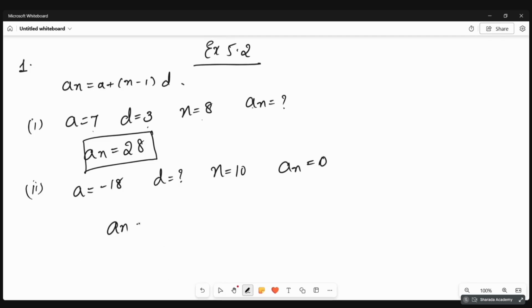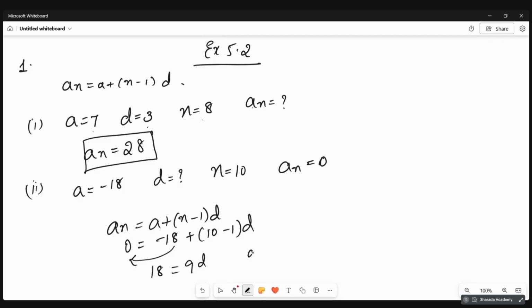So, An is equal to A plus N minus 1 into D. An is 0, that is equal to minus 18 plus N minus 1 into D. Minus 18, when it shifts to the other side, it becomes 18, that is 9D. So D is equal to 2. Second one, everyone got D is equal to 2.